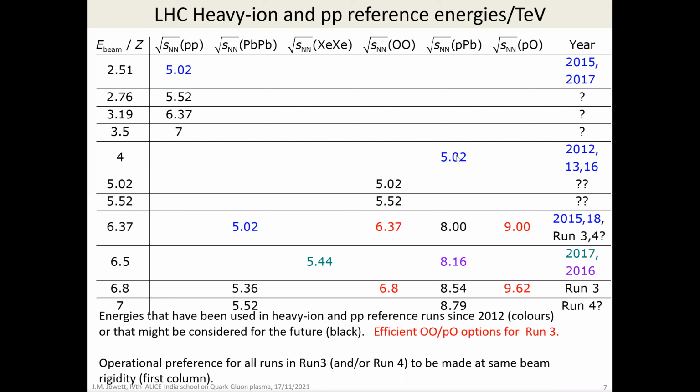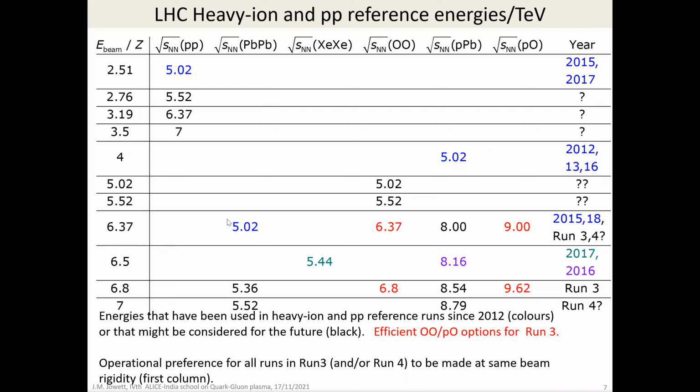So the data on proton-lead from that run could be compared with the data from lead in this run, which increases the precision of the comparisons, as you know, of the R factors and other quantities that are typically shown in ALICE physics results plots.